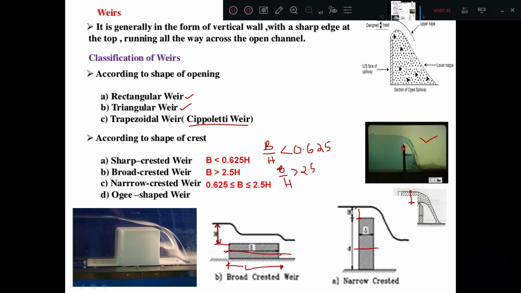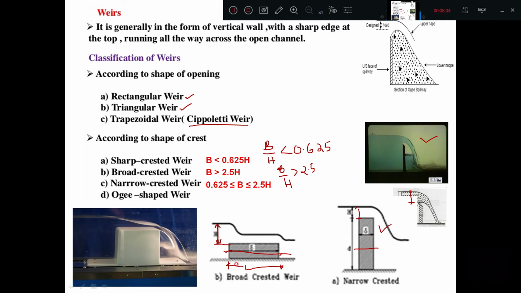Here the water will have minimum contact with the crest of the weir, and it falls freely, or springs freely, into the downstream side. Then the narrow crested weir, as I said, has a B by H ratio between 0.625 and 2.5. So this one is called a narrow crested weir.